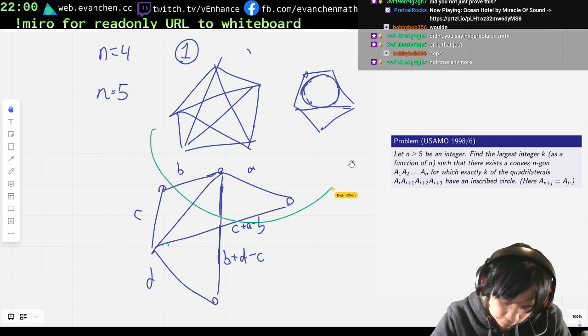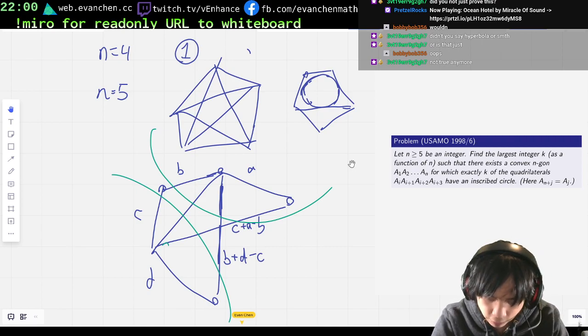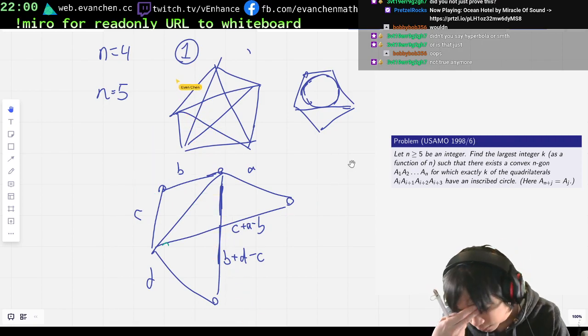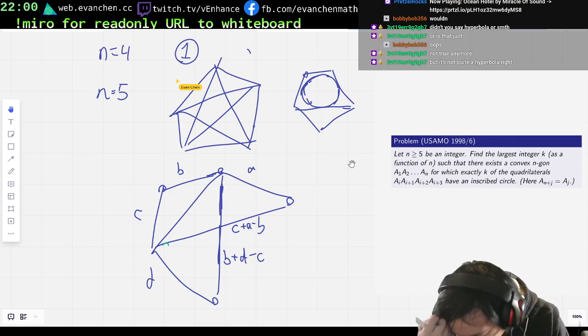Oh, I did have this. Yeah. Hyperbolas should intersect a convex polygon in at most one vertex. Is that true? I feel like that requires some justification.